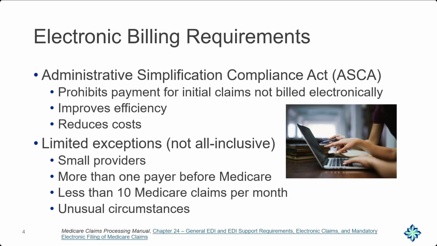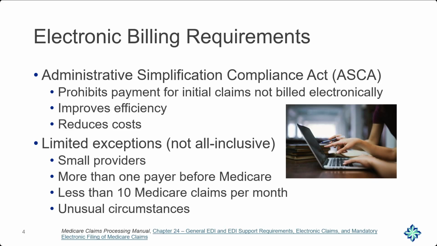The Centers for Medicare and Medicaid Services, I think I mentioned CMS before, but I didn't define what it is. CMS defines a small provider as an institution, facility, or group of providers with fewer than 25 full-time employees, or a physician, practitioner, or supplier with fewer than 10 full-time employees.